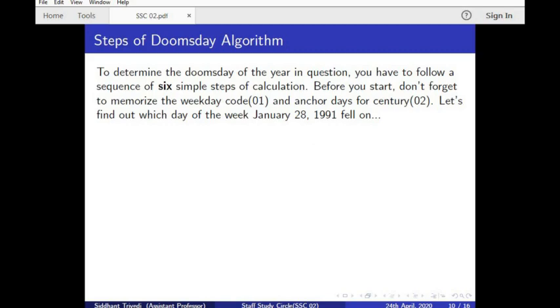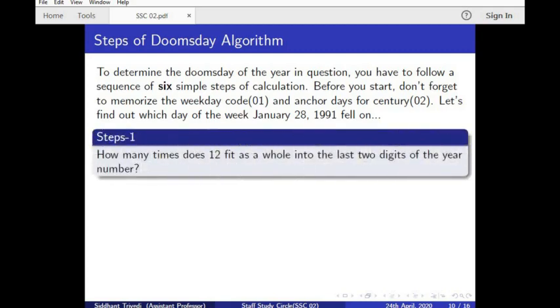Let's find out which day of the week occurs on 28th January 1991. Let's begin the steps of the Doomsday algorithm. Step 1. How many times does 12 fit as a whole into the last two digits of the year number?